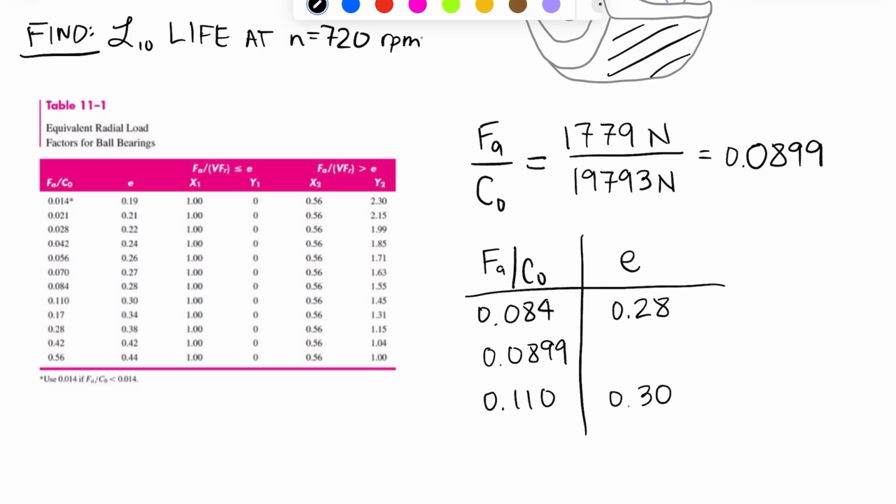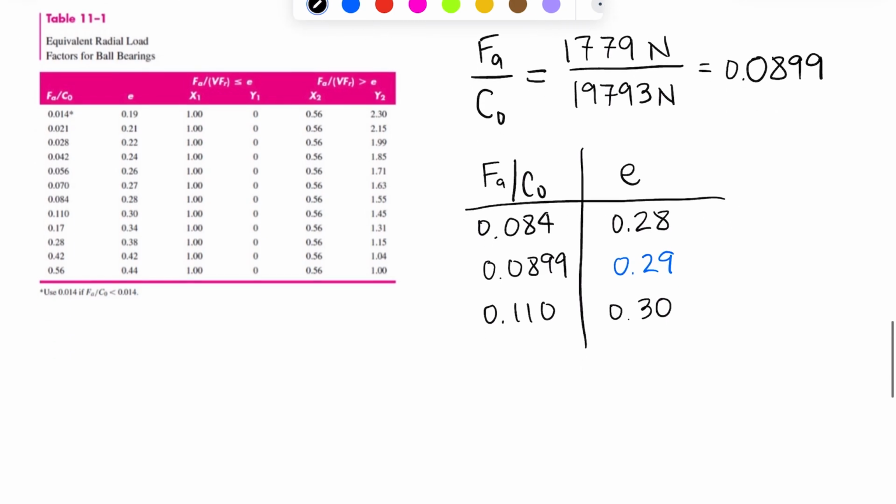I am going to leave that to you and just tell you that the answer is 0.29. All right, so you can prove that to yourself. I have faith you guys can do linear interpolation.